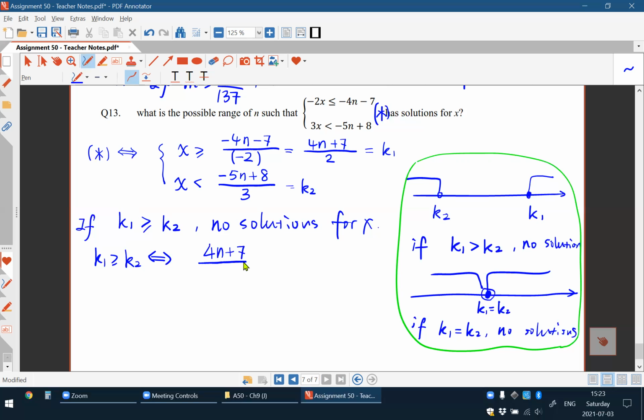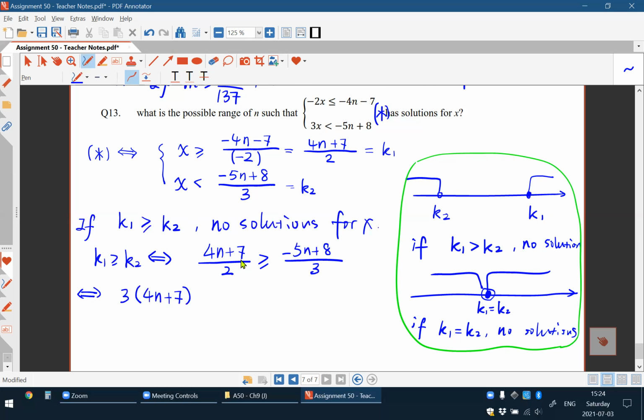And we know that K1 greater than or equal to K2 is equivalent to, okay, K1 is 4n plus 7 over 2, and K2 is minus 5n plus 8 over 3. Okay, we can just solve this inequality. We can multiply both sides by the least common multiple of 3 and 2, which is 6. So this gives us 3 times 4n plus 7.